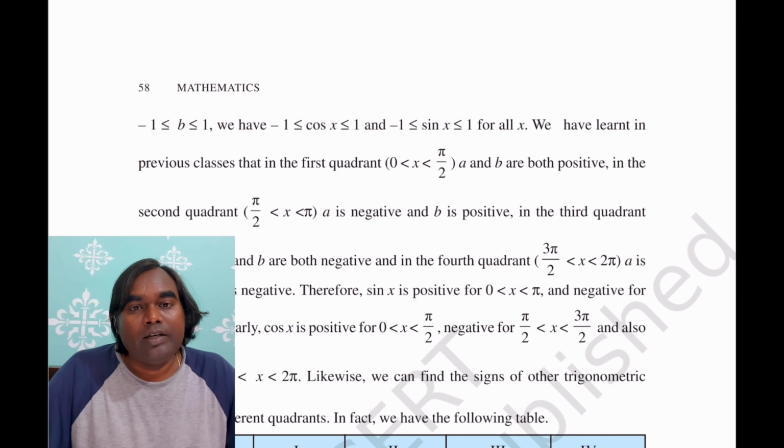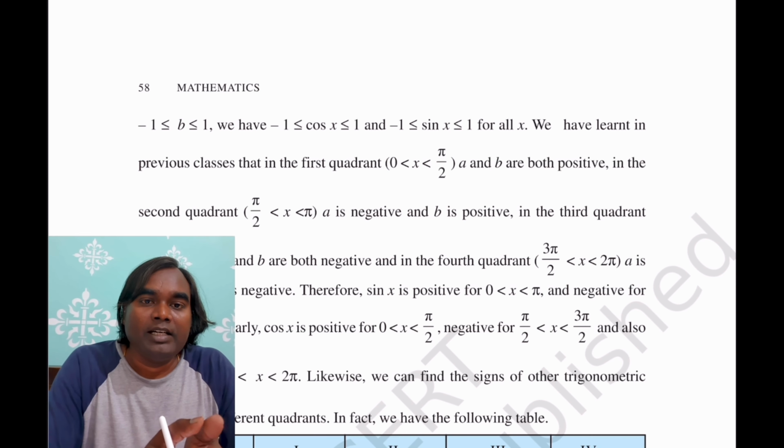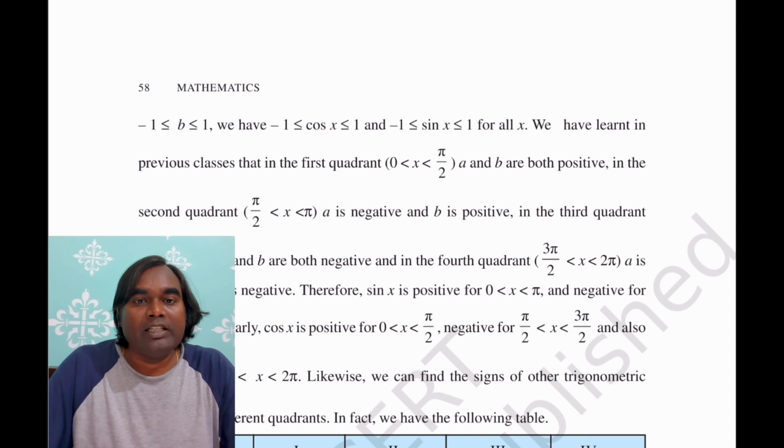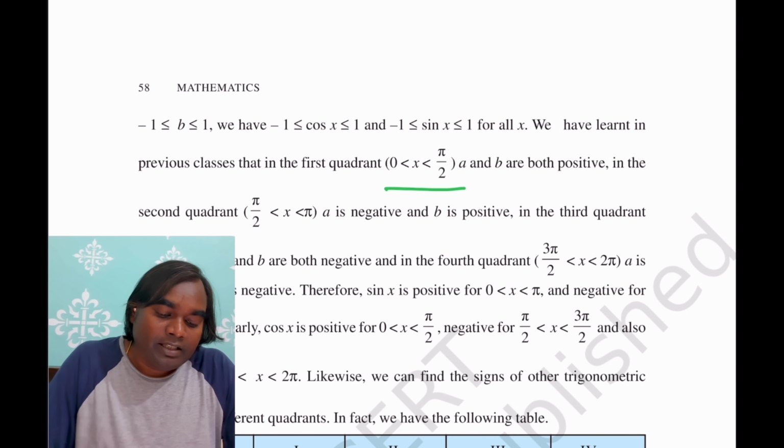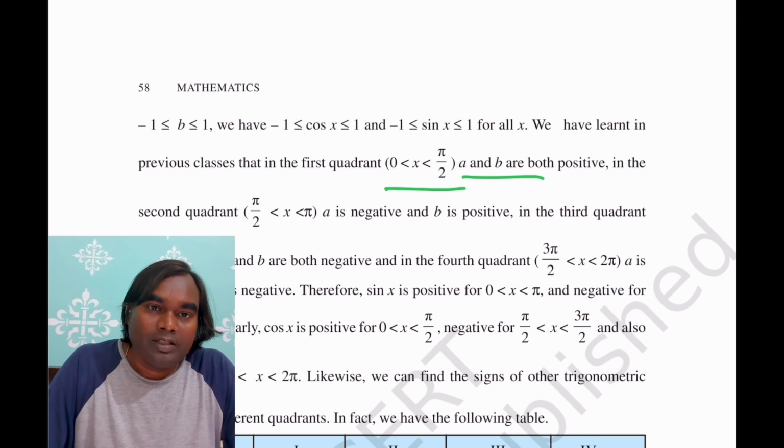We also know that a particular quadrant has a particular sign convention. So we know that for theta lying between 0 to pi by 2, a and b both are positive, means x-axis and y-axis both are positive for the first quadrant.